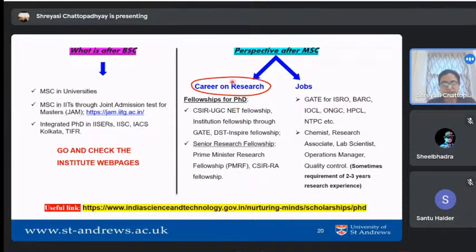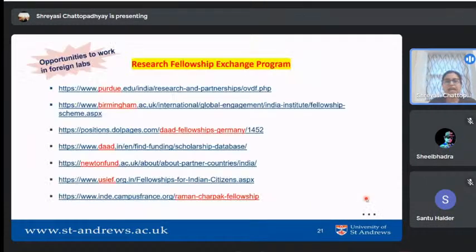The important thing is, if you go for this option you have the chance to come back here after your PhD. Another thing I would encourage you to check is the several scholarships and fellowships from the Indian government, given from BSc, MSc, and PhD. Go and check if you can apply for short research work in other universities or research groups, for those intending to go to foreign labs.